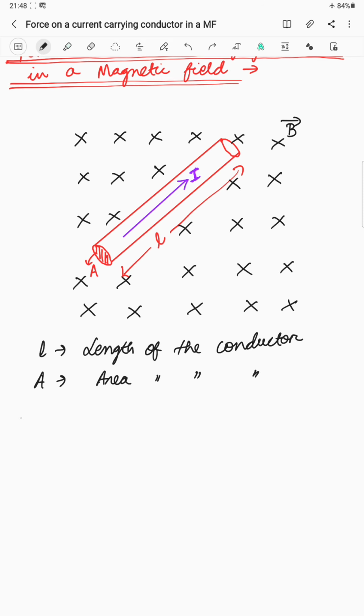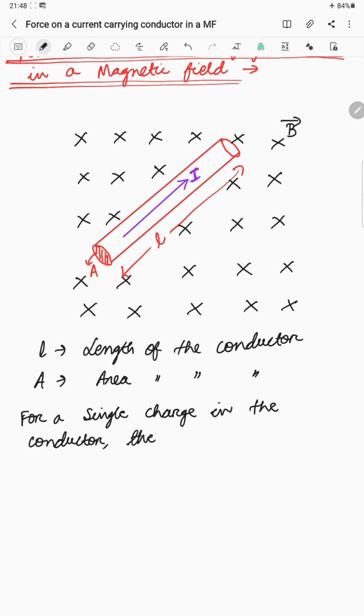So you can write here, for a single charge in the conductor, the force is the Lorentz force.